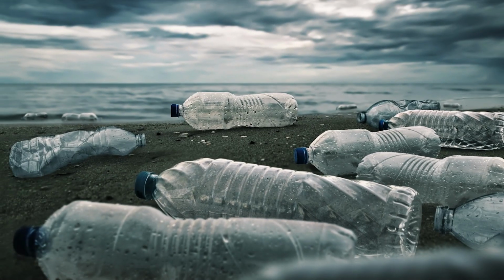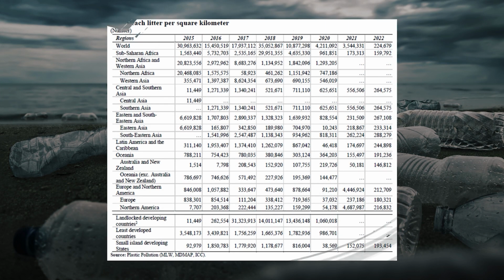When you look at plastic debris per square kilometer, you will see that in 2015 it was in terms of crores, but in 2022 it is only 224,679 items per square kilometer.